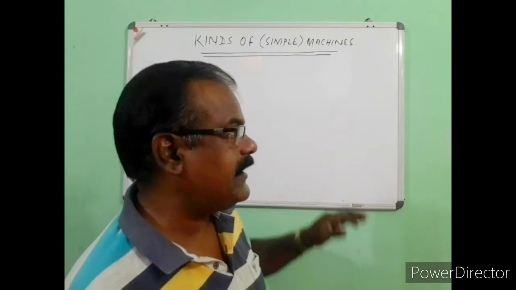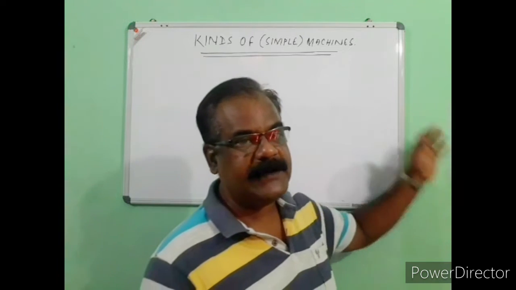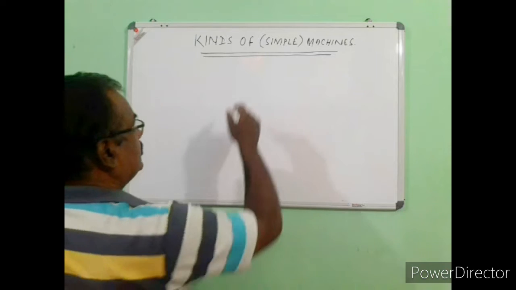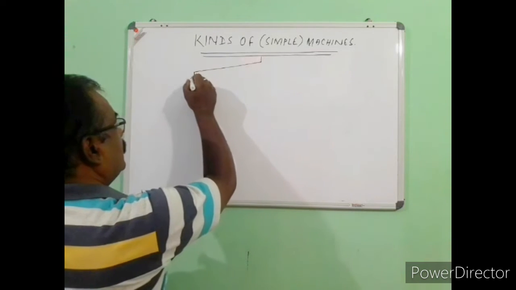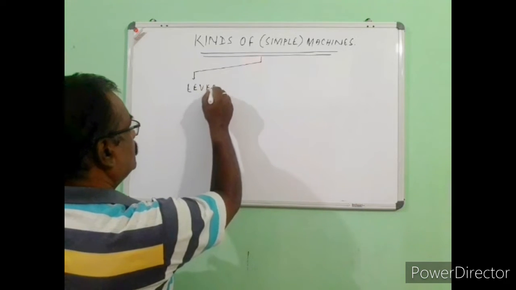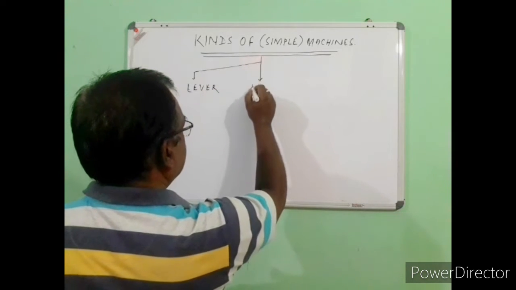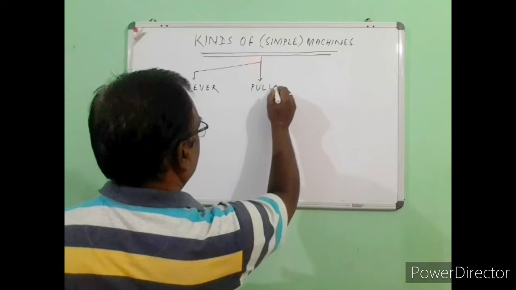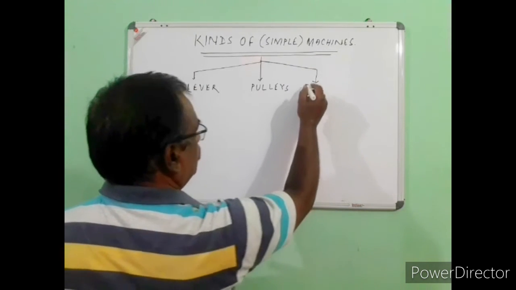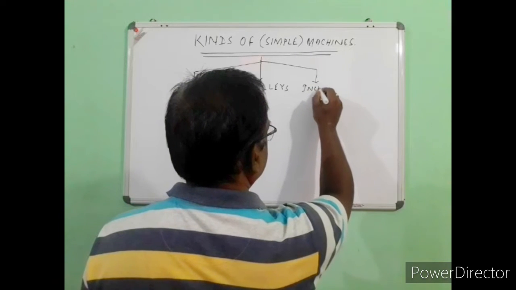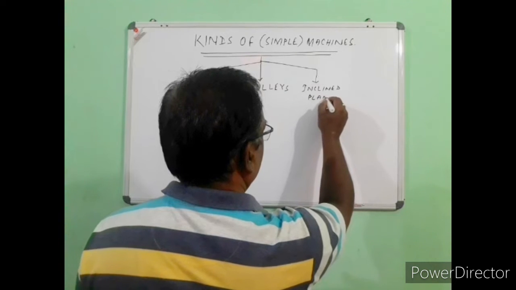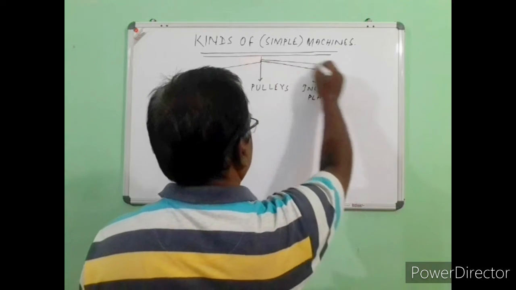Now in this part we will see the different types of machines. We have different types of simple machines such as lever, pulleys, inclined plane and gears.